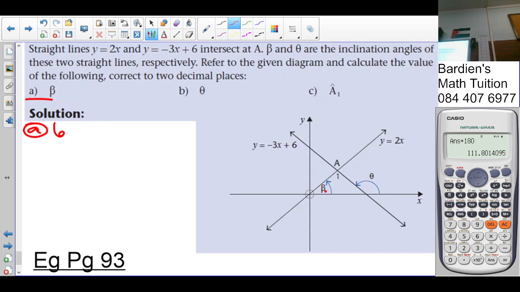So we say tan of theta equals 2. So work out the angle for me quickly. So theta is equal to 63.43 degrees. You all agree with that?